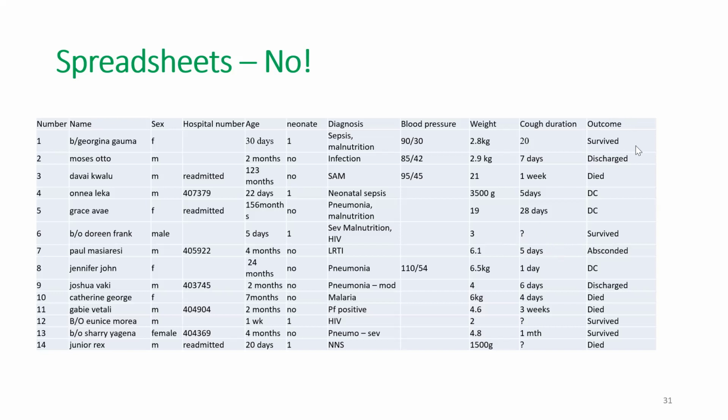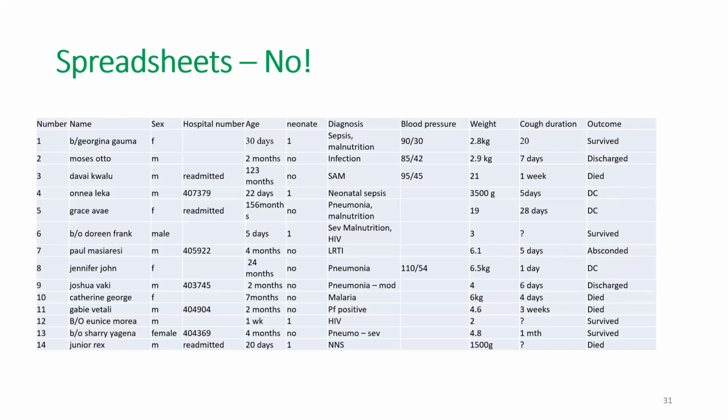In terms of outcome, then this person's listed several outcomes: survived, died, discharged. Sometimes discharged is written as DC, and sometimes it's written absconded. All right, and so there's at least 4 outcomes and sometimes 5. And it would be sensible in this circumstance to make it categorical. So survived, died.